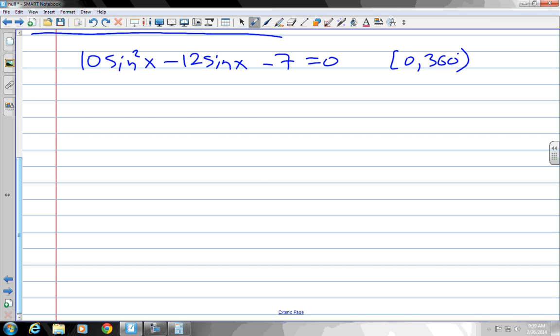What does this remind you of? Like the quadratic. Yeah, it's a quadratic equation.